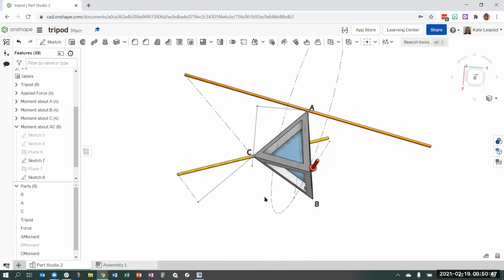Now these look like different lines, but the length of this line, the projection of the moment about A onto AC, is the same length as the projection of the moment about C onto AC.